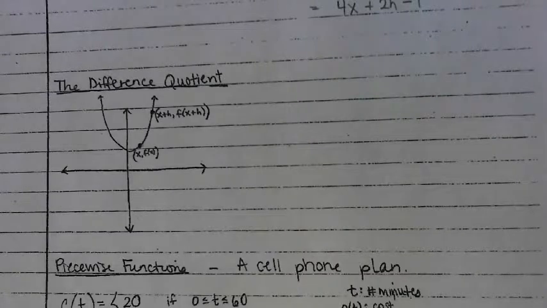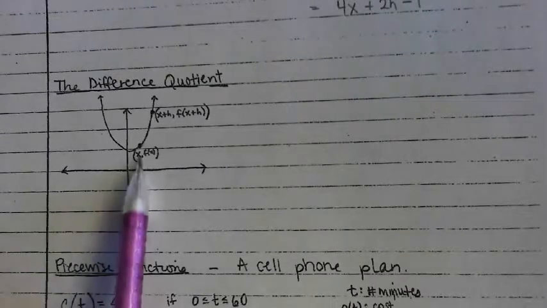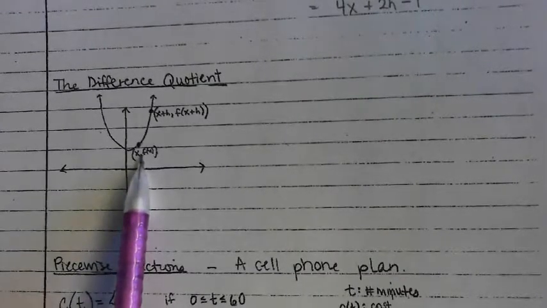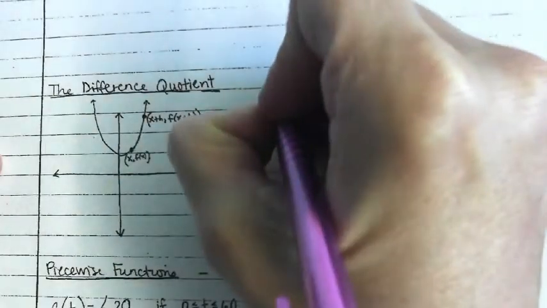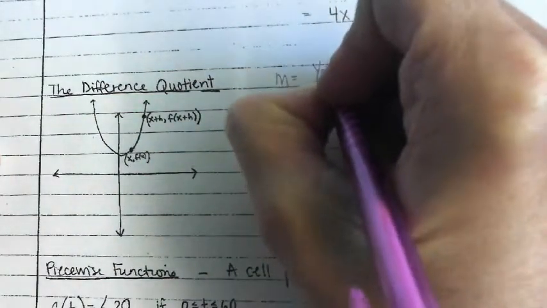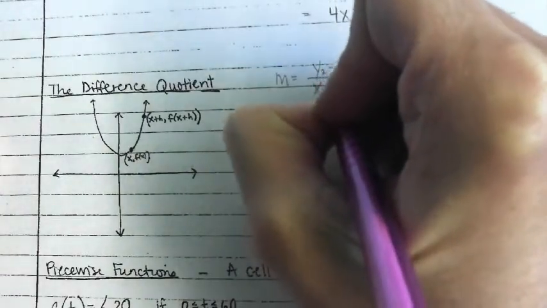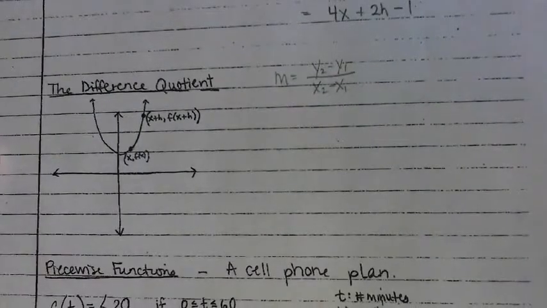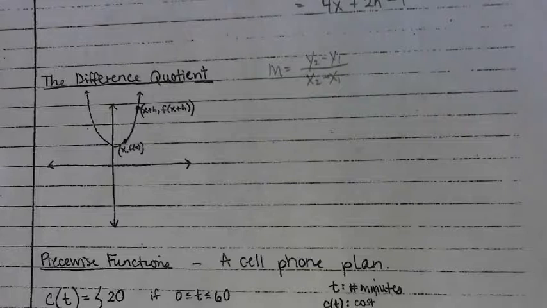So the idea here, and let's say we're trying to find the slope at x. We all know that the slope formula is essentially y2 minus y1 over x2 minus x1, correct? That's your slope formula for a line, or the slope between 2 points.